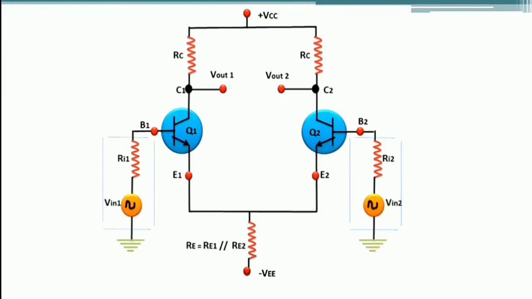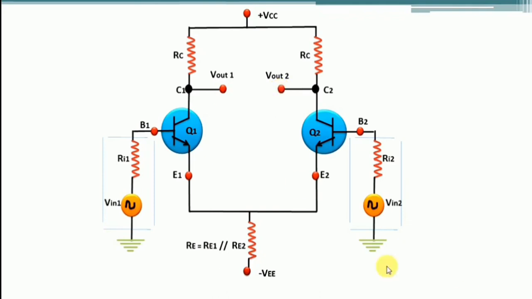Here we are observing the output at the collector terminals. If the output is taken between the two collector terminals, then it is called a balanced output, double-ended output or floating output, which means the collector output is taken between the two collector terminals without any ground.